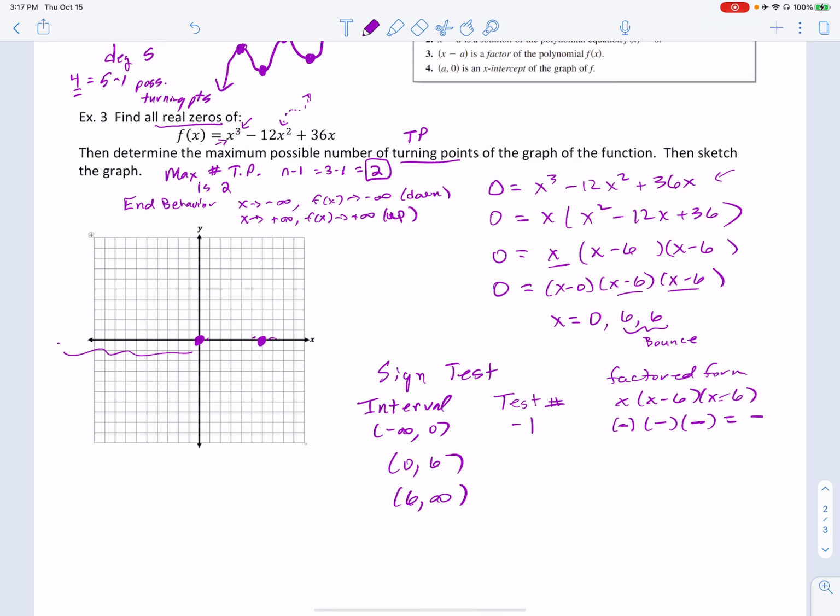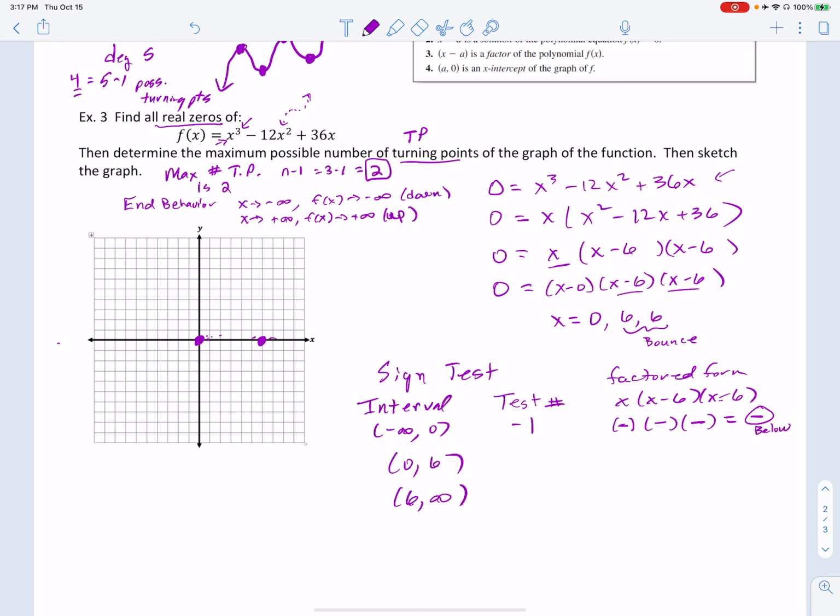And if you multiply 3 negatives, you get negative. That means this graph on this interval should be graphing below the x-axis. So on the interval from negative infinity to 0, the graph of the function better be below the x-axis.